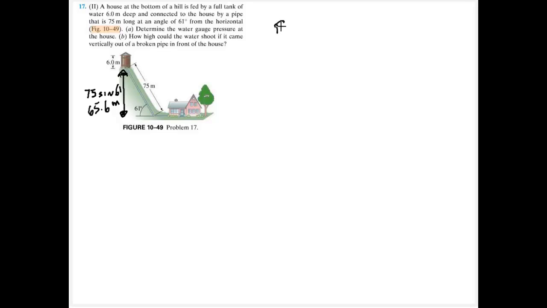The pressure at the base, which is also going to be the gauge pressure, the pressure above the atmospheric, which is what all gauges are going to read, is simply going to be the density of water multiplied by gravity multiplied by height. This is equation 10.3a. And we know that the density of water is 1 times 10 to the 3rd kilograms per meter cubed here.